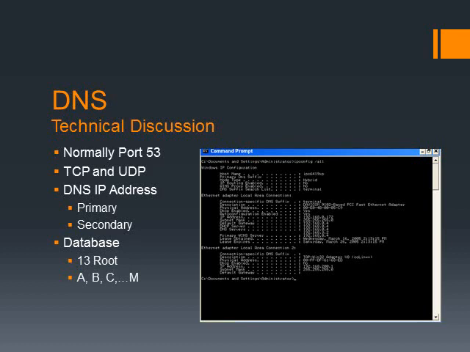The primary is usually for the zone data, and it can communicate this with other servers, which is called a zone transfer. And then the secondary is just a slave, so it just receives data from the primary server automatically.